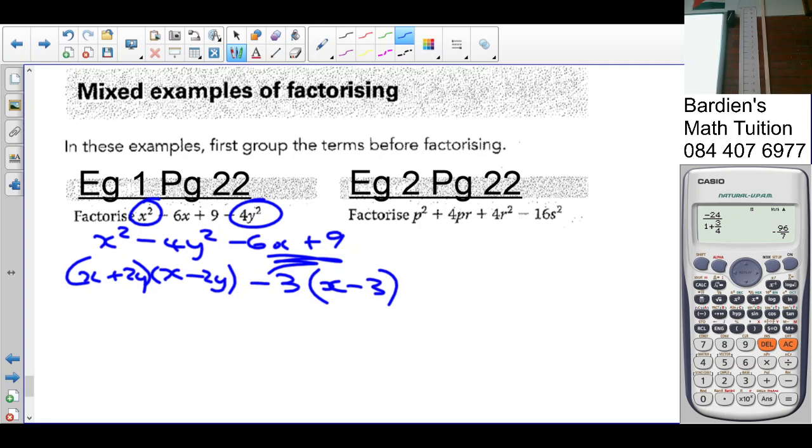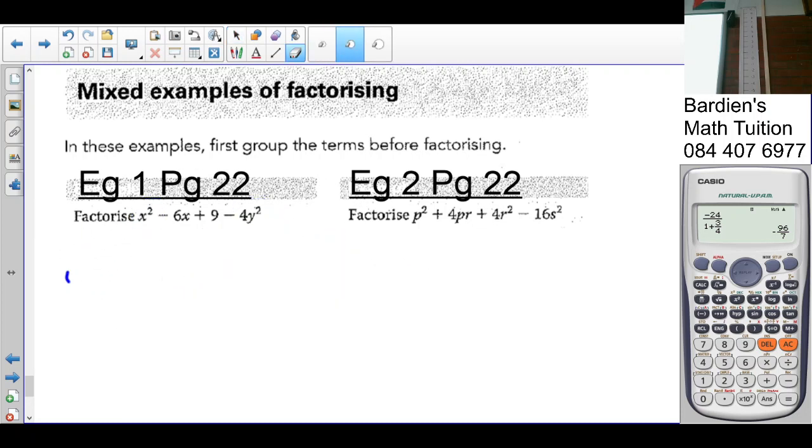Now what? Sorry? Then now, yes, no common factor. So re-look at that, what do you see? 4 terms, yes. Still factorization by grouping. x squared and 9, put those two together.